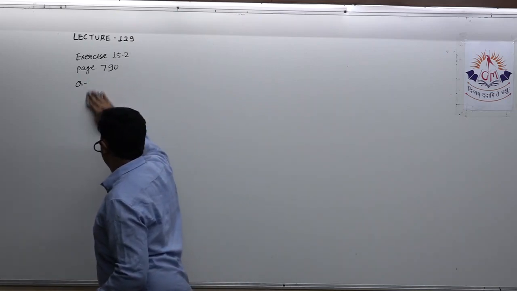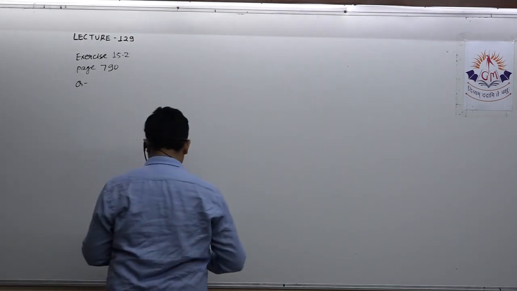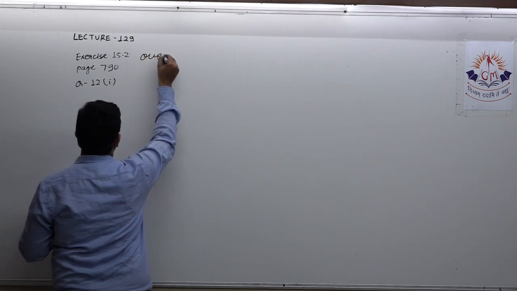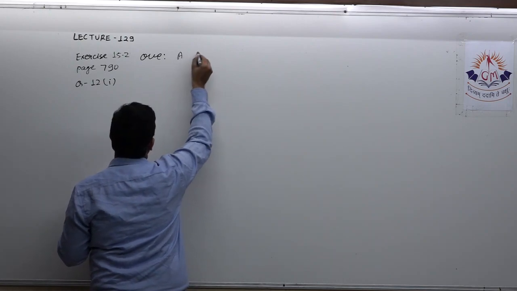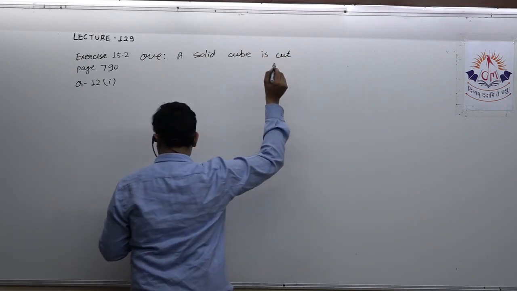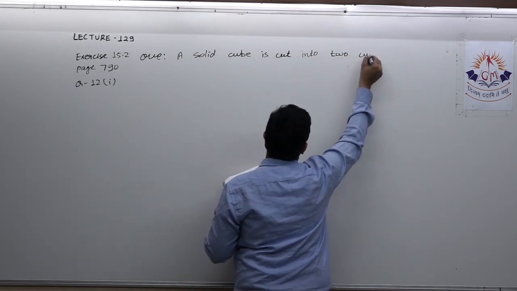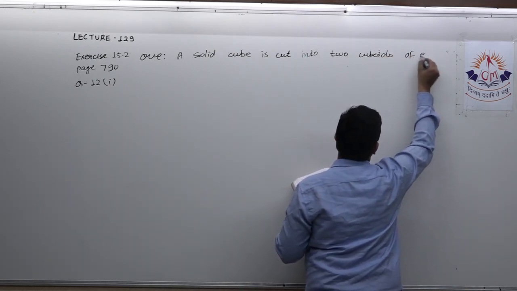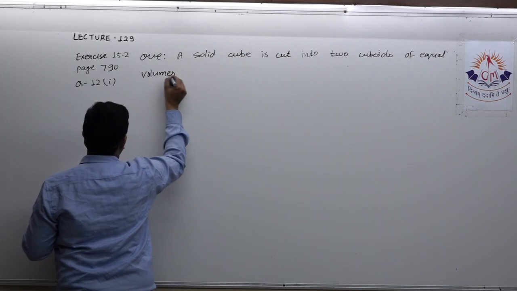Okay, now the next question that we are going to take is from the same exercise, question number 12, its first part. A solid cube is cut into two cuboids of equal volumes.